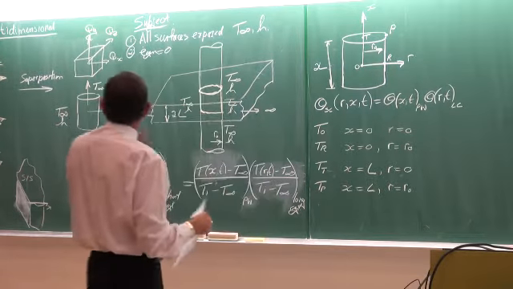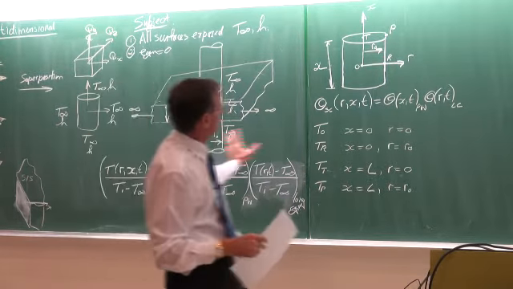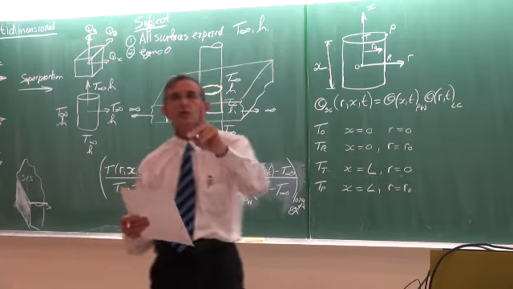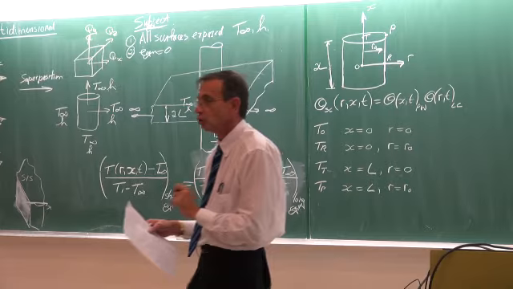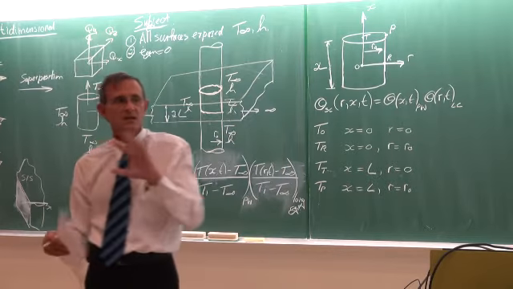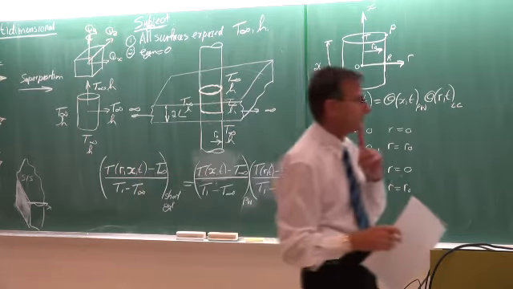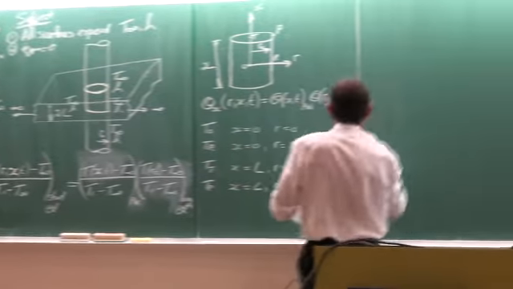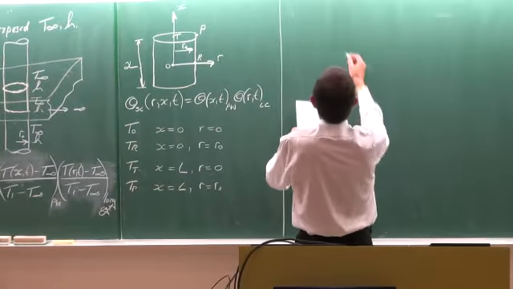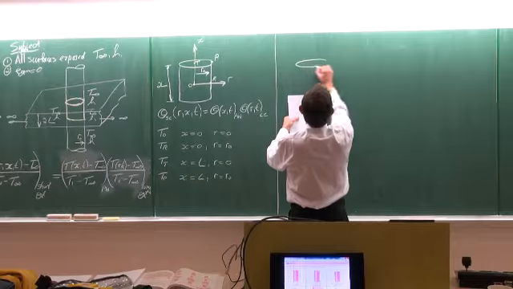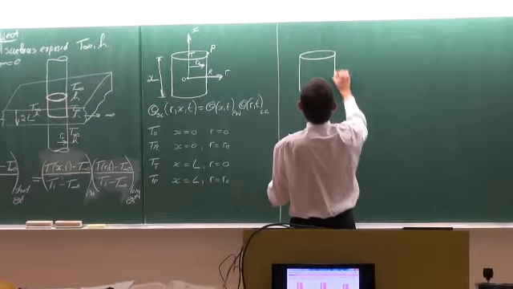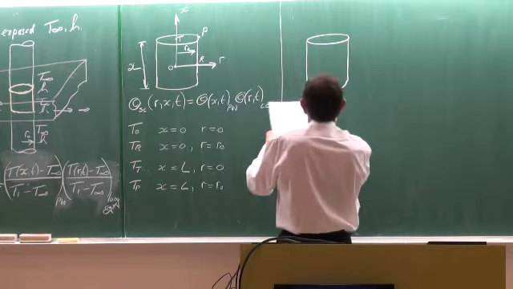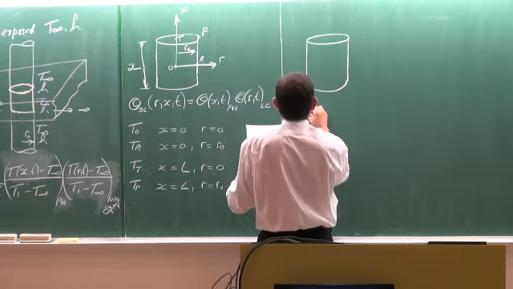Right, the example I'm going to do to show you how to use this is based on example 4.8 in your textbook. So it's similar, but it's not the same one. The example is a short cylinder, and it's made from brass.